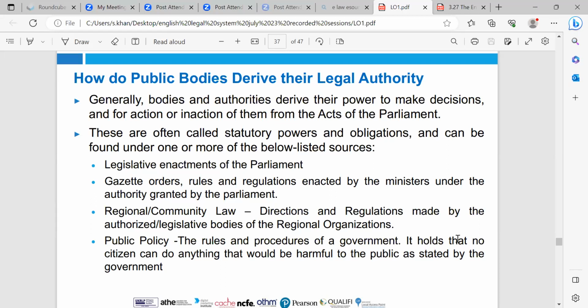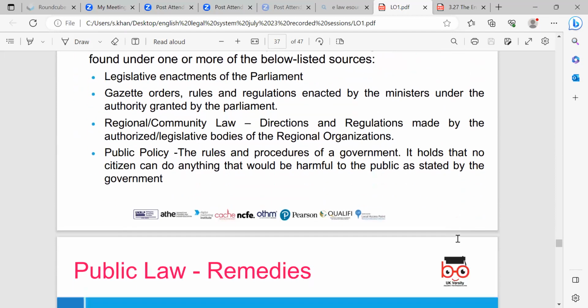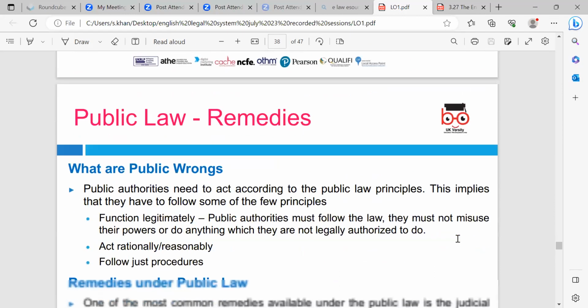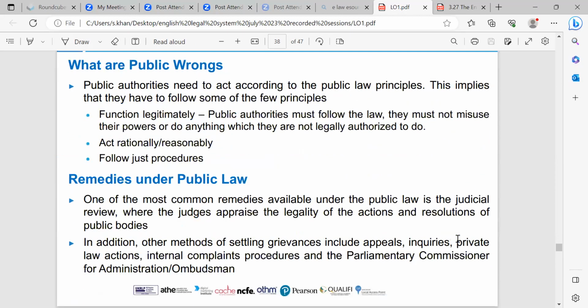These are often called statutory powers and obligations and can be found under one or more of the below listed sources: legislative enactments of Parliament; gazette orders, rules and regulations enacted by ministers under the authority granted by Parliament; regional community law, which are directions and regulations made by the authorised legislative bodies of the regional organisation; and public policy, which are the rules and procedures of a government. It holds that no citizen can do anything that would be harmful to the public as stated by the government. There are remedies under public law, which address public wrongs.